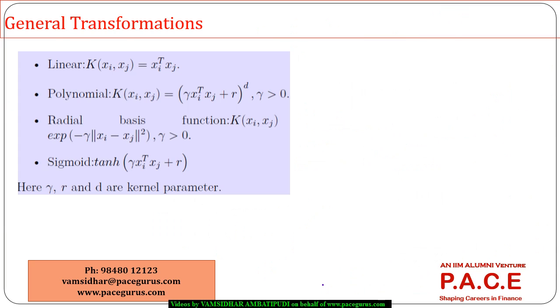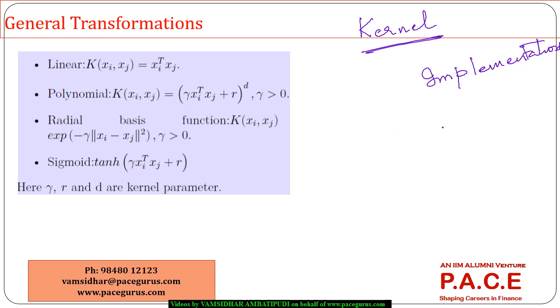So the whole process is heavily based on the kernel functions that we are going to use. Once we look at the R implementations of each one of them, we would see that the different implementations in R support different kinds of kernel functions.